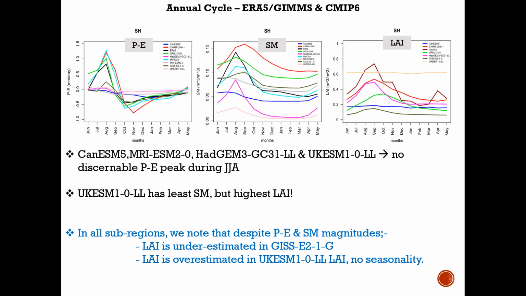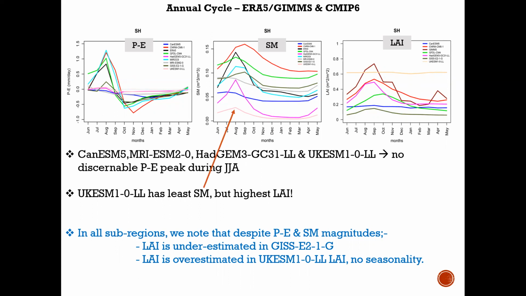In the Sahel, we expect the peak of P minus E to be during the Northern Hemisphere summer, and we note that some models do not actually indicate this. Their P minus E is just around the 0 line, and these models also have the least soil moisture.